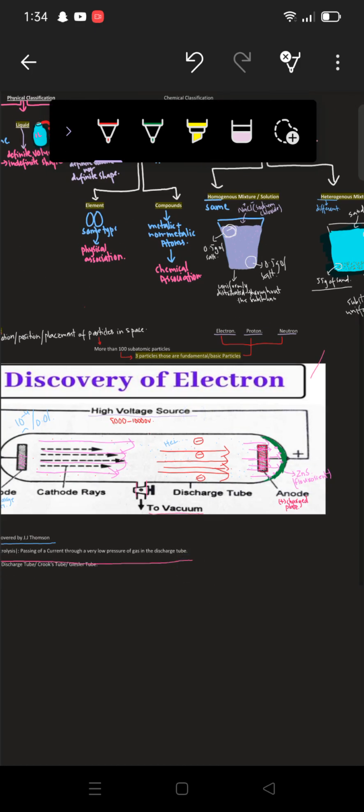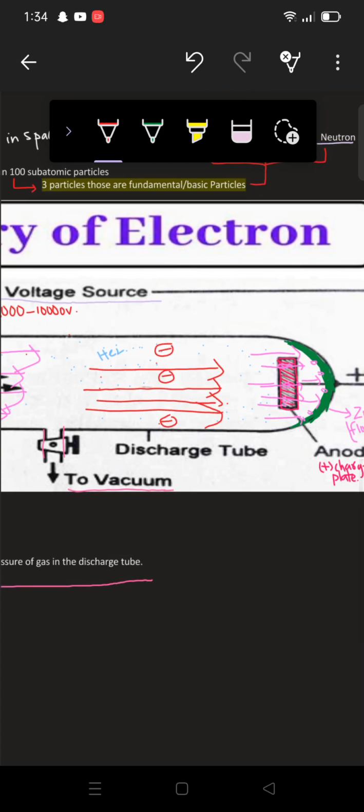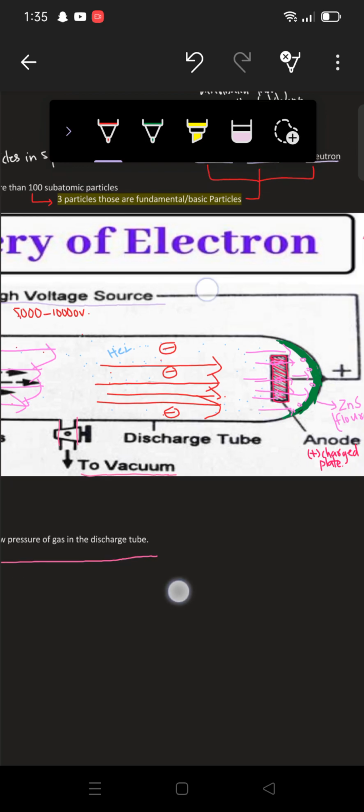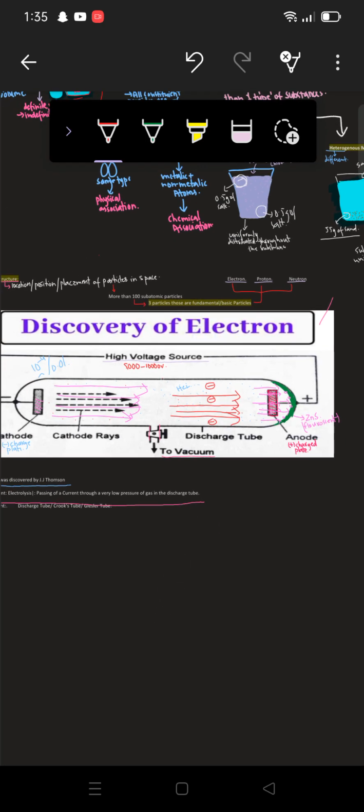So there are cathode rays, which consist of negatively charged cathode particles going towards the positive anode.